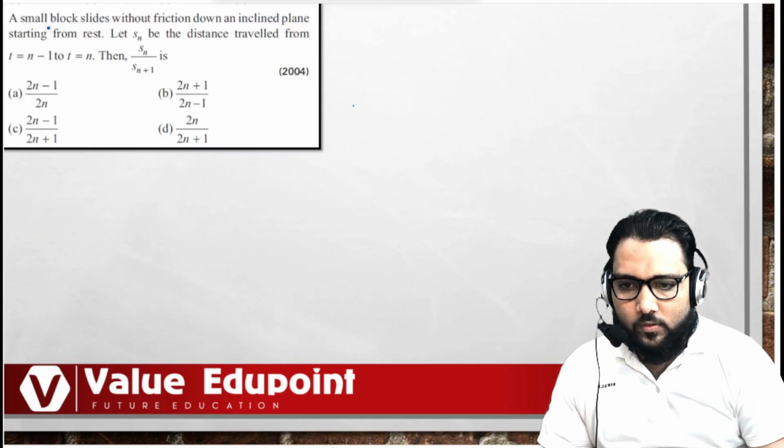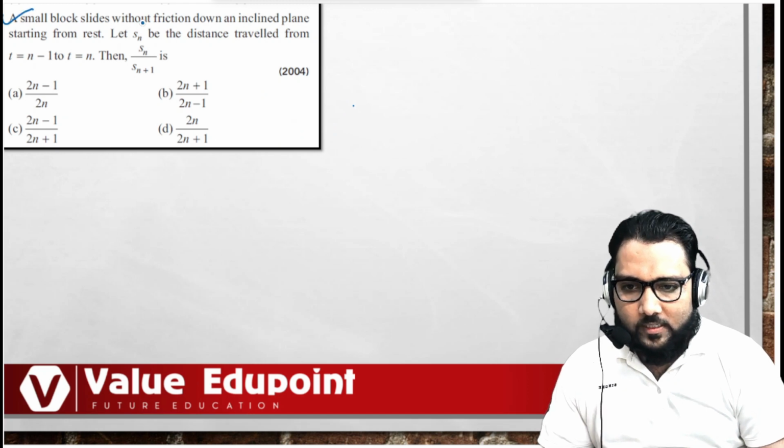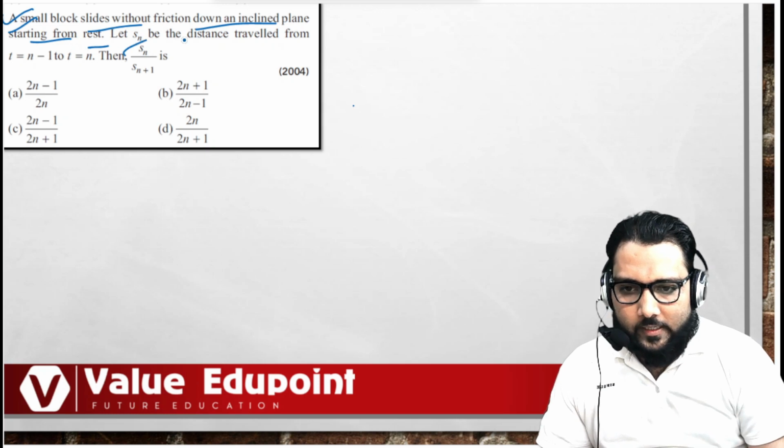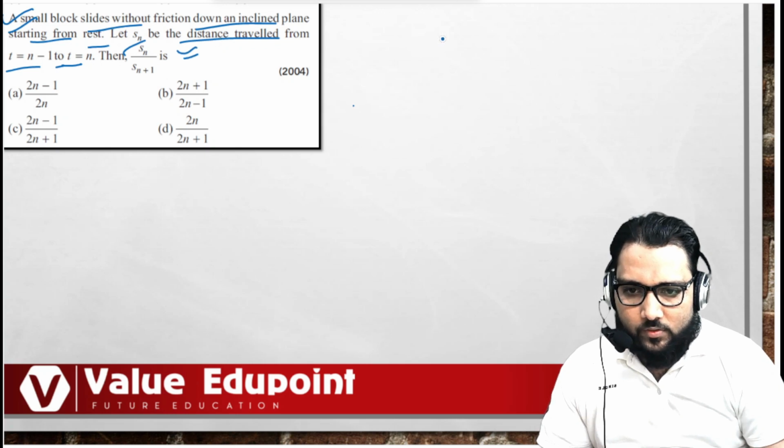Now, guys, look at these problems. A small block slides without friction down an inclined plane starting from rest. Let Sn be the distance traveled from t equals n minus 1 to t equals n. We have to find this ratio.